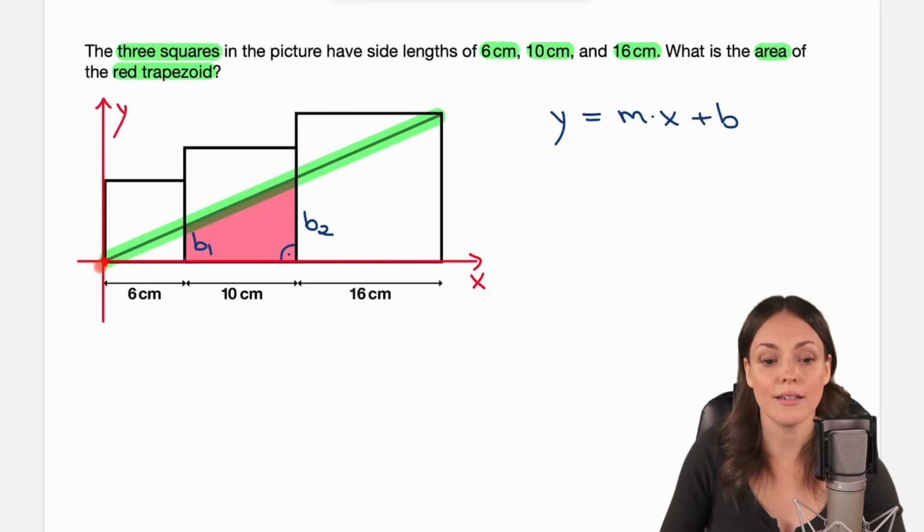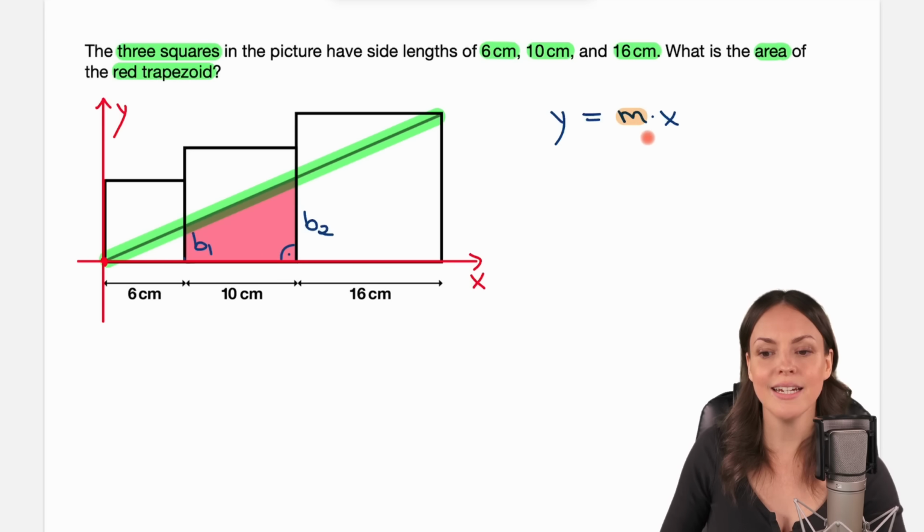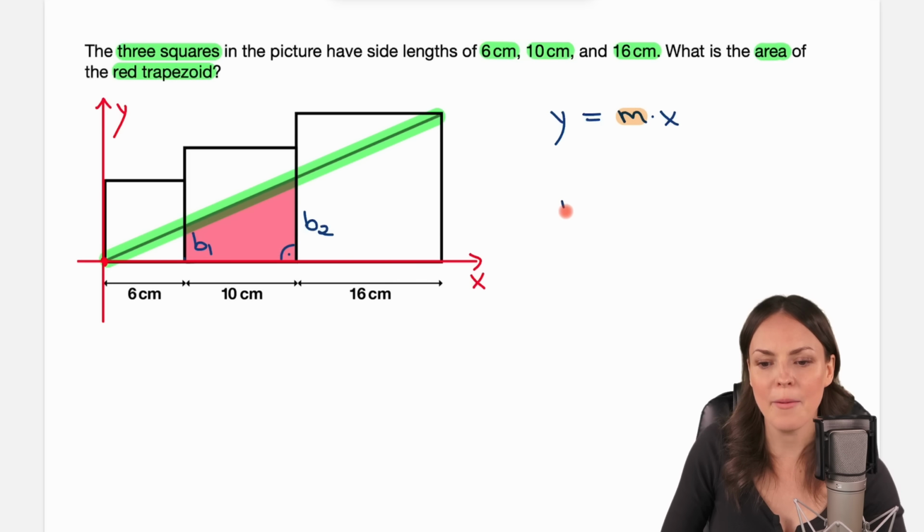Because my line goes through the origin, my b is going to be 0. So I can insert the 0 for the b already. I don't have to write down plus 0 at all. So the only thing that I still need here for my equation is my slope m.